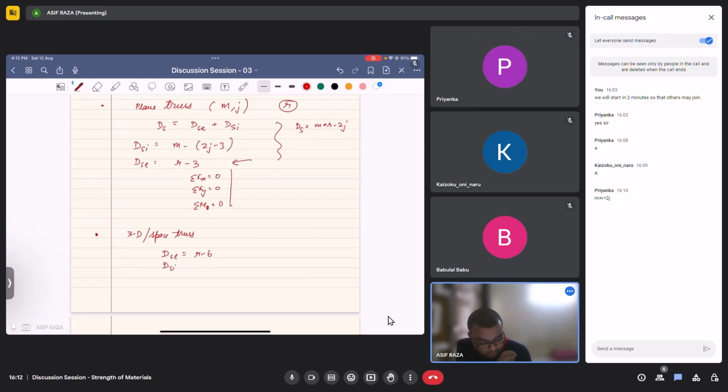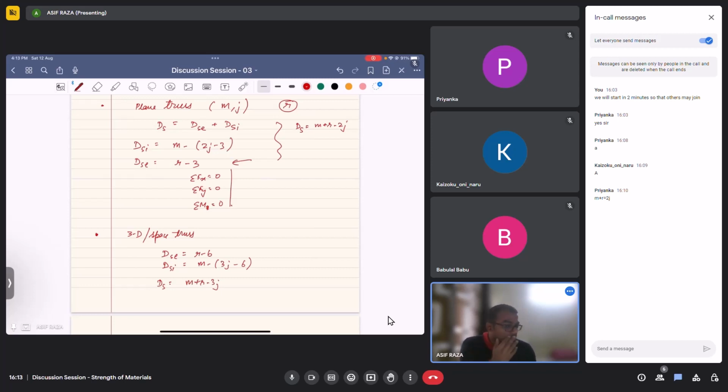And what about internal indeterminacy? M minus 3j minus 6, since at the joint it is 3 for 3D. Yes. So DS would become m plus r minus 3j.